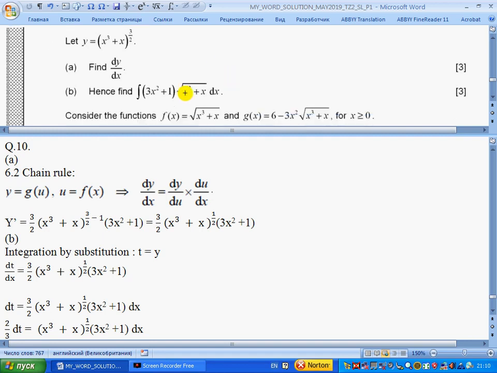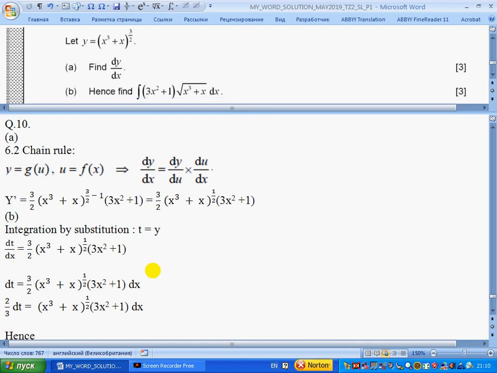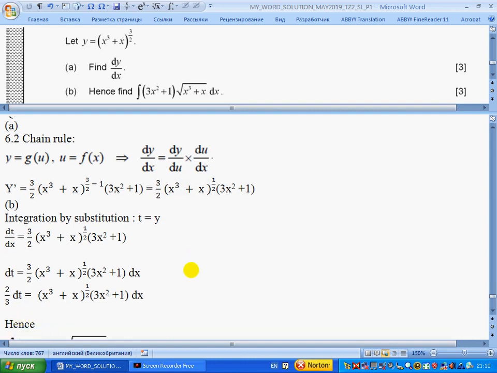Hence find this integral. So we will use integration by substitution. Let us call our function t, then dt by dx will be our derivative, and rewriting for dt we get this expression.